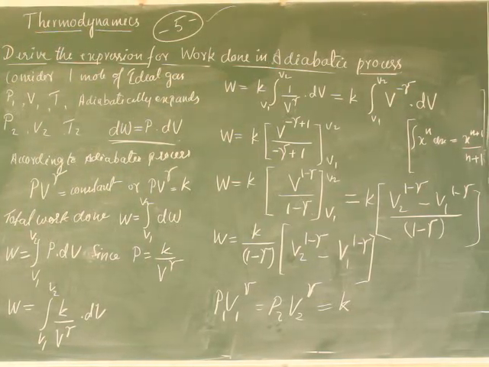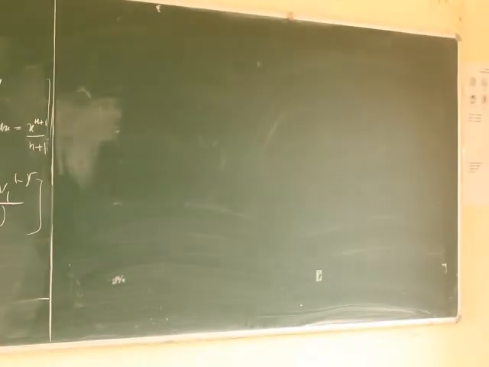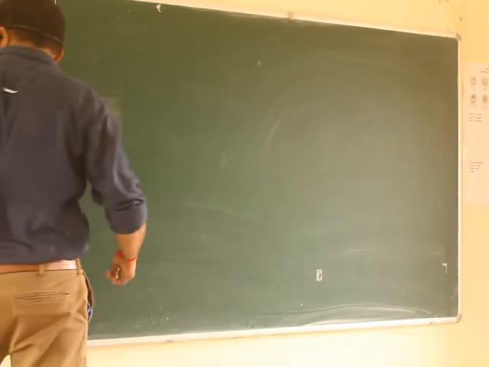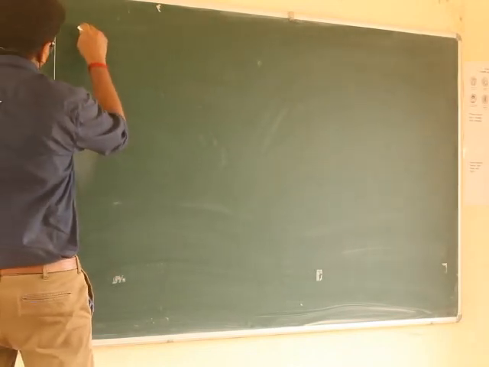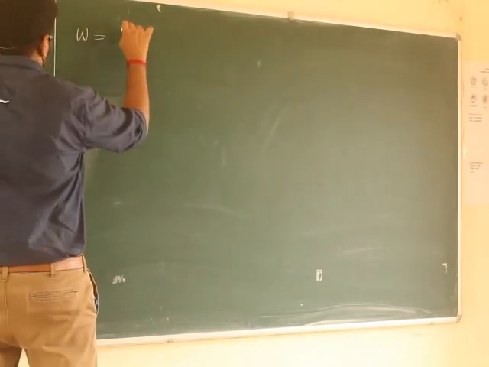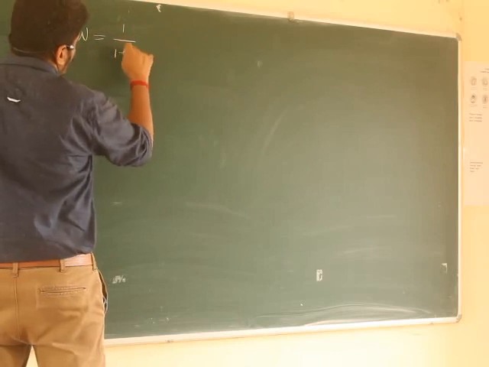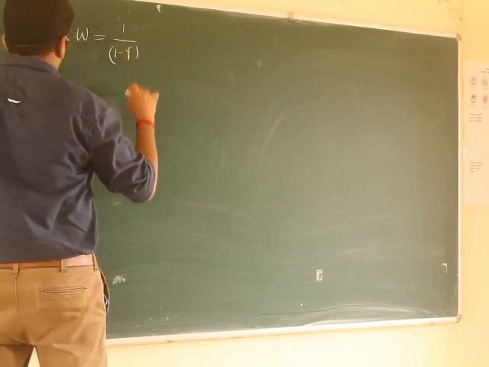Okay, slowly I will shift. Okay, fine. What is that? The equation can be written as W is equal to 1 by 1 minus gamma.